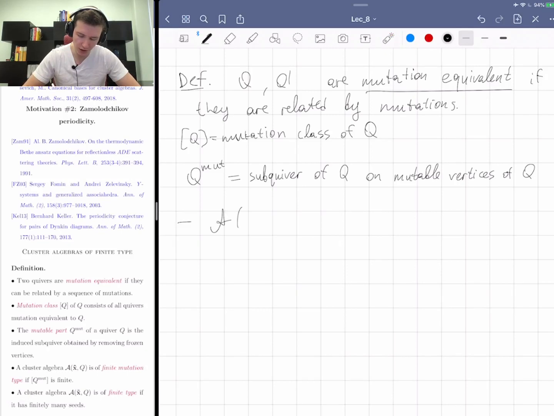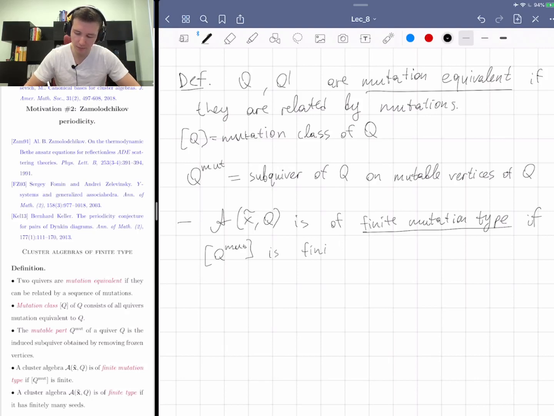A cluster algebra A of x tilde comma Q is said to be of finite mutation type if the mutation class of Q mut is finite. So you forget about the frozens, and if you can only get finitely many things from Q mut, then it's finite mutation type.